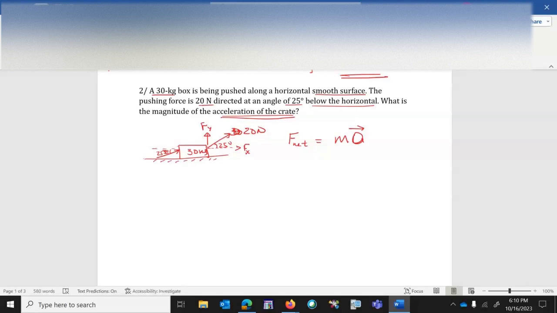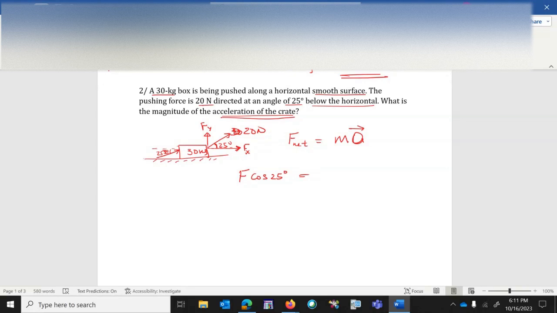So the horizontal component of the force that is responsible for the motion of this object is F times the cosine of the 25 degrees, because this is the adjacent line in this triangle, and the angle is 25 degrees.